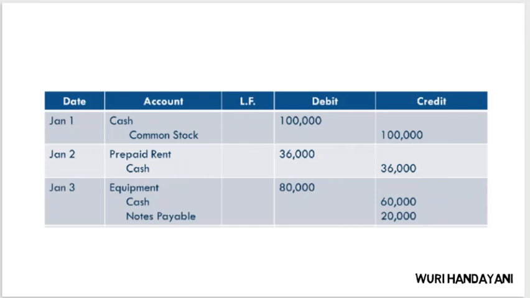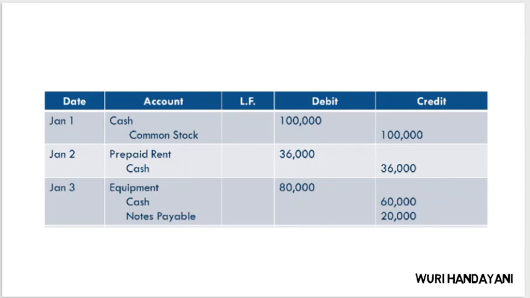Last transaction on January 3rd. Paid $60,000 cash on the purchase of equipment costing $80,000. The remaining amount was recognized as a 1-year note payable with an interest rate of 9%. January 3rd means we will have more equipment. Equipment will be increased.